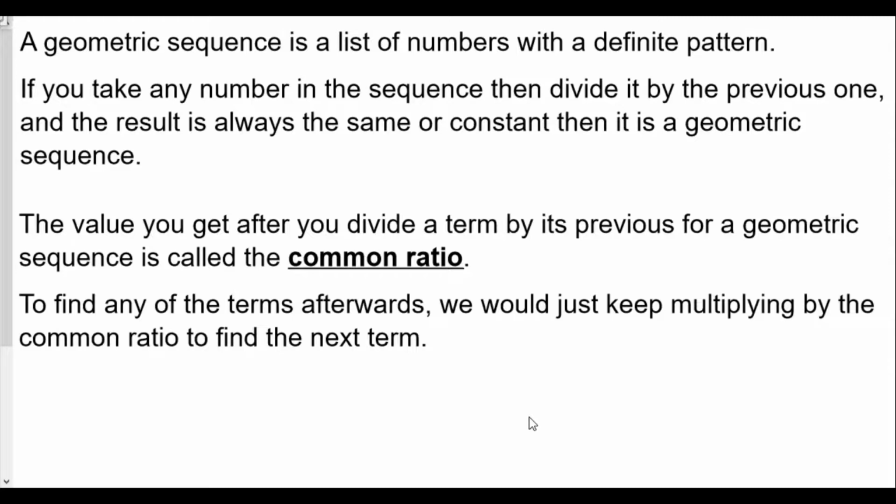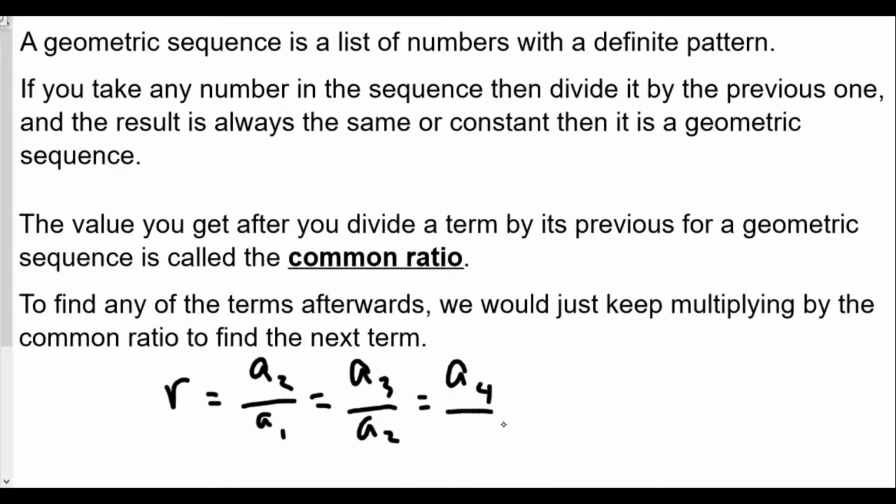So our common ratio will be A2 over A1, which should equal A3 over A2, which should equal A4 over A3, and we keep going. It'll be the same for any term divided by its previous term. That n minus 1 and n represent not a value, but more like which number term it is.